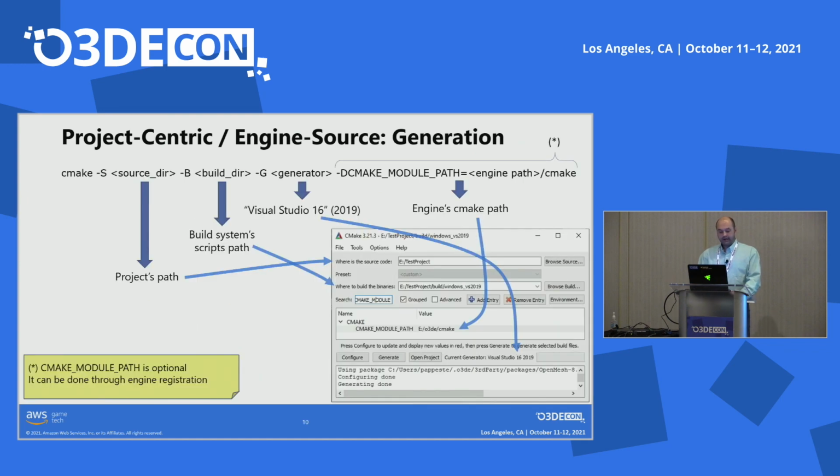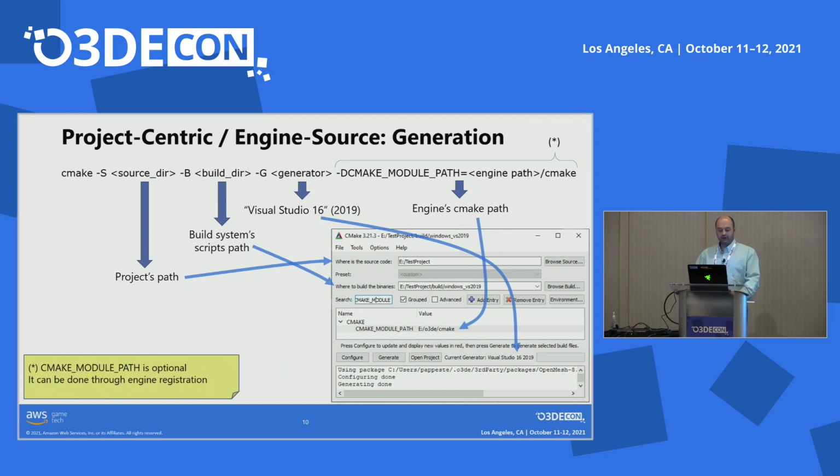To configure that, we basically define the source directory to be the project path, the build directory, basically whatever we want. In this case, again, I'm going to put it inside the project path, generator the same, and this is the tricky part, or the difference: how you pass where to find the engine. Here I'm using just a cache variable, which is the most direct way to define that.